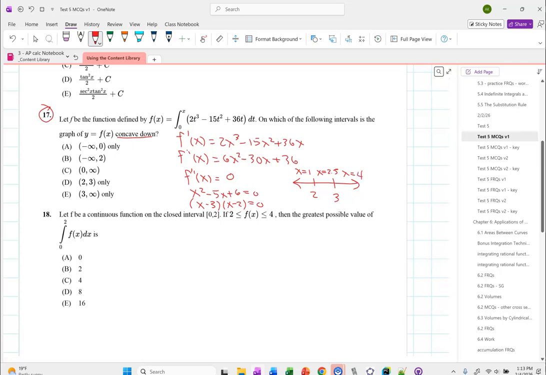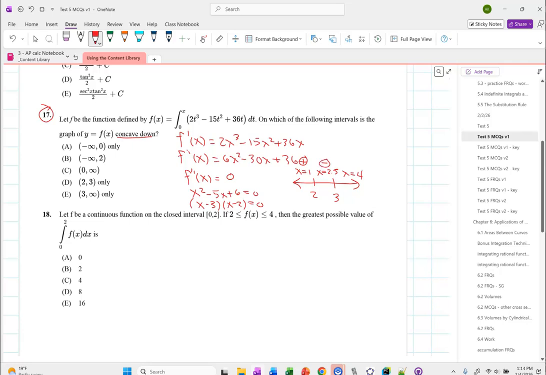So I'll make my little sign diagram, do some test values. I'm testing in the second derivative. So 1 minus 3 is negative. 1 minus 2 is negative. Negative times negative is positive. So that's concave up. 2.5 minus 3 is negative. Minus 2 is positive.